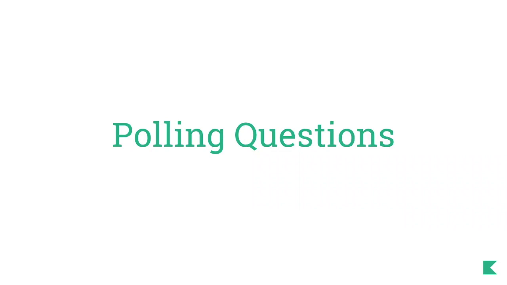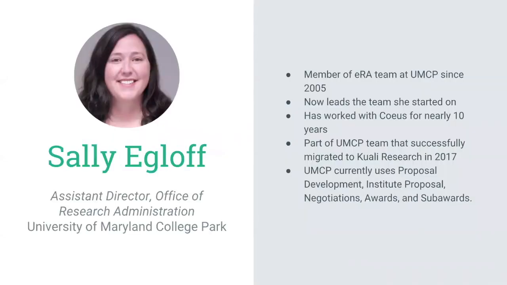With no further ado, I want to introduce Sally Egloff, Assistant Director, Office of Research Administration at the University of Maryland, College Park. We are so pleased to have Sally join us because she joined the community quite a while ago in 2005, and she now leads the same team at University of Maryland, College Park as she did then.